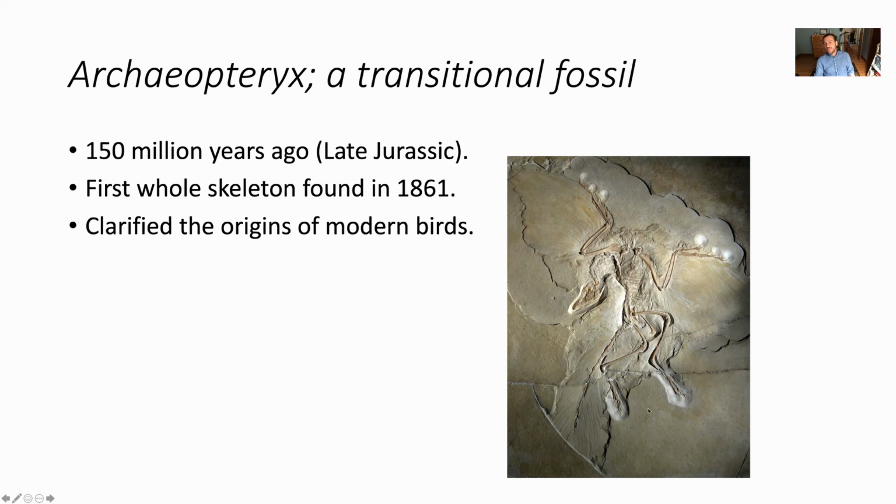You had these primitive bird organisms, and we call them Archaeopteryx. Archaea is the prefix for ancient, and opteryx is birds. So we have these ancient birds that represent a transition in the fossil record. These are transitional fossils. So these aren't true birds, right?